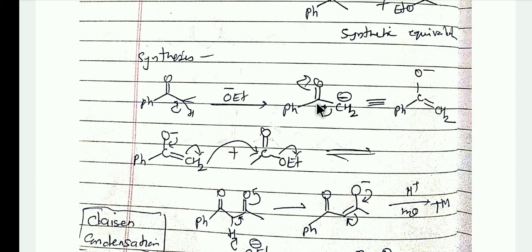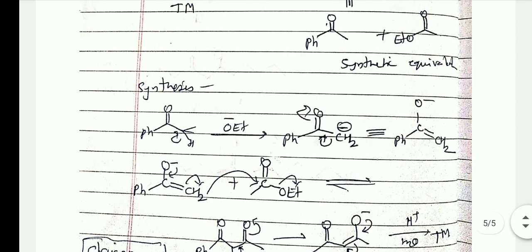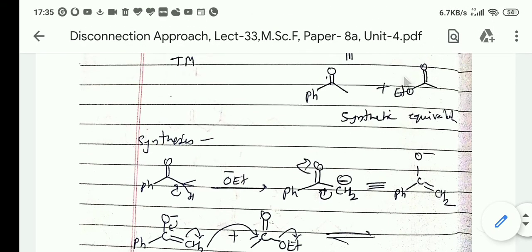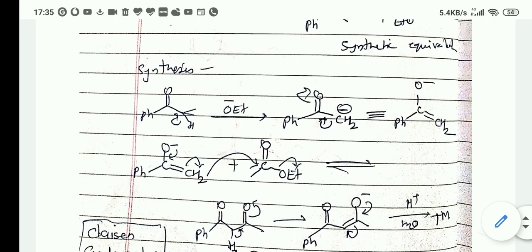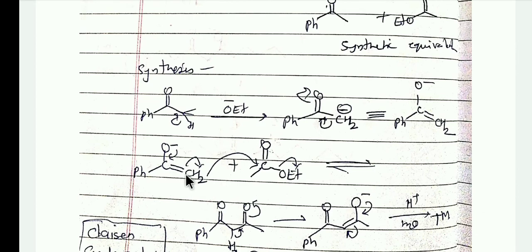And for the reaction of this molecule with the other synthetic equivalent here, what happens: the pi bond electron is displaced to this carbon atom, so this carbon becomes negatively charged and this carbon becomes positively charged.